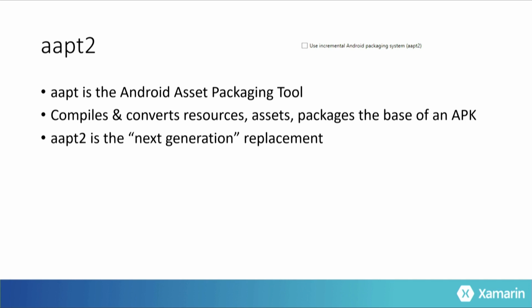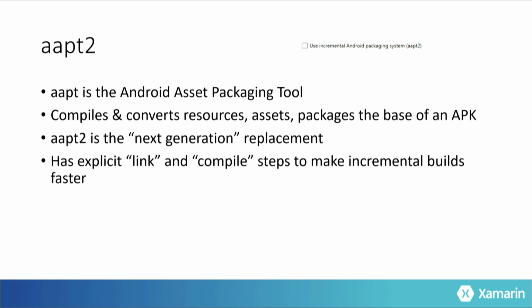So Google has recently created aapt2, and this is just kind of the next generation rewrite. Google likes to sunset things and kind of start from scratch, and that's what's happening here. And one thing they've done is they've created 2 steps, right? There's a compile step and a link step. And that's so that they can make incremental builds better.